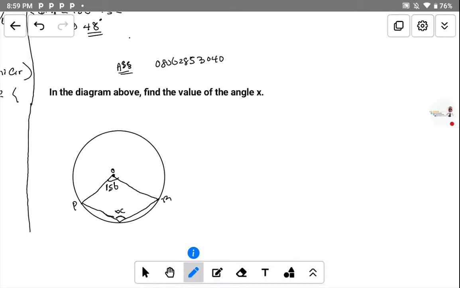Write the question down. The assignment is to be submitted to my DM before we start the class tomorrow.